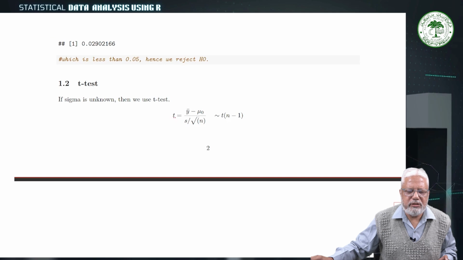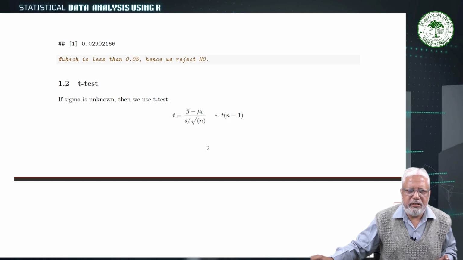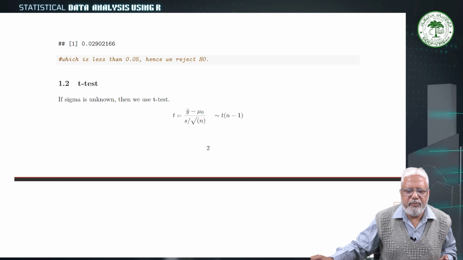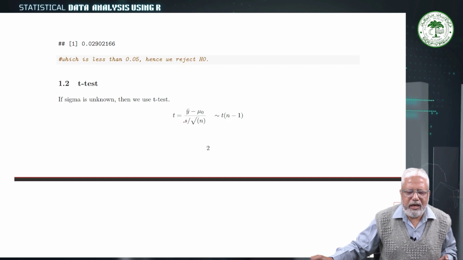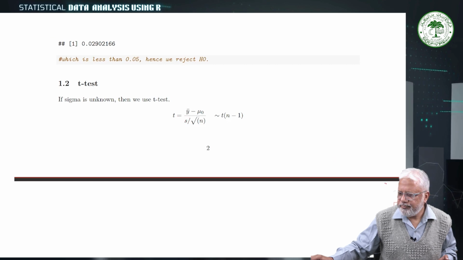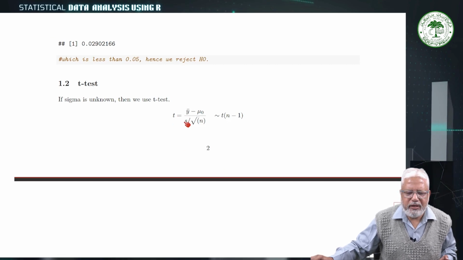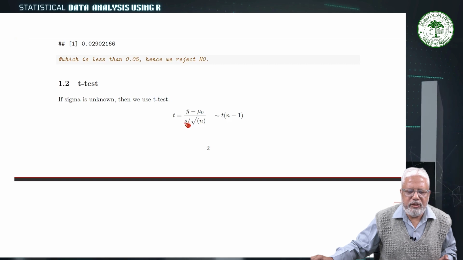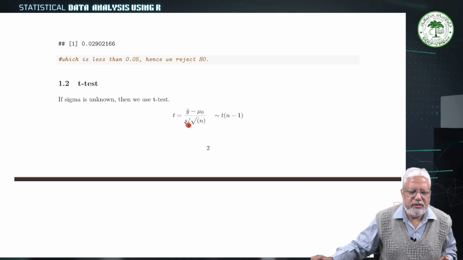Student's t-test was developed by William Sealy Gosset in 1907 and 1908, and he published these papers in Biometrika. Here we are not specifying the value of sigma, rather we are estimating it, and the estimator of sigma is S, the standard deviation, divided by square root of n.